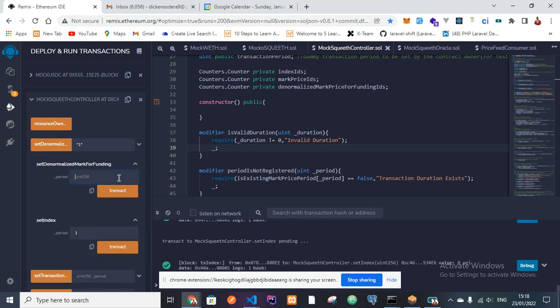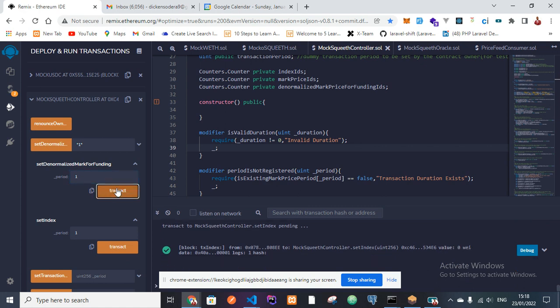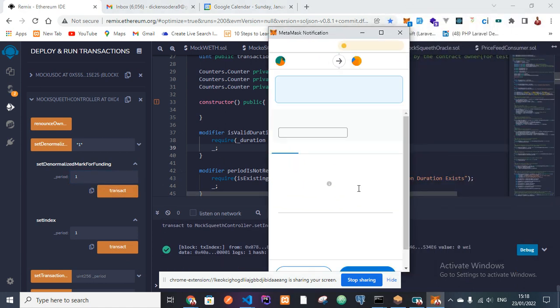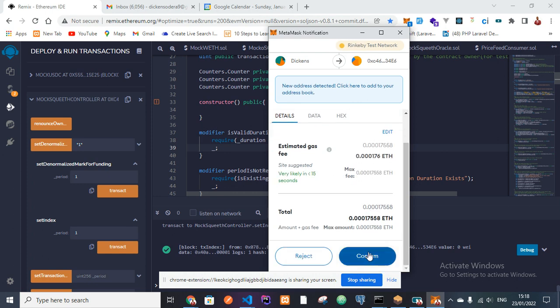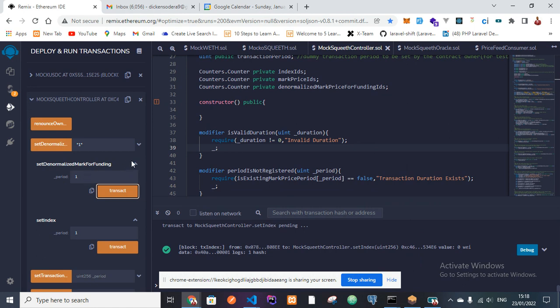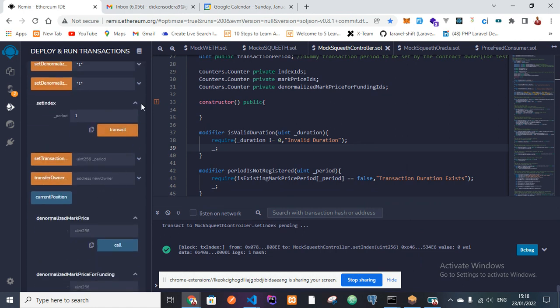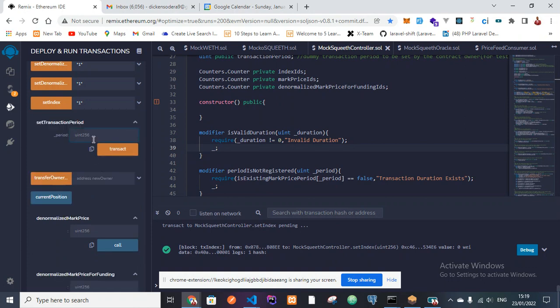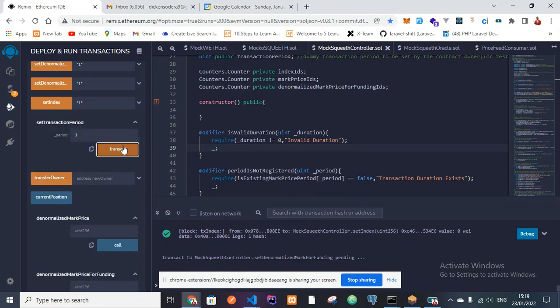It sets the denormalized mark price for funding for the first period. So just specifying integer values for our testing purposes. So let's set the transaction period at this moment.